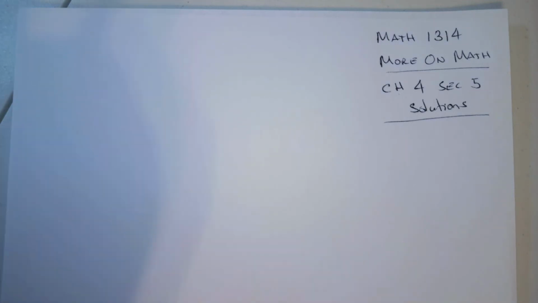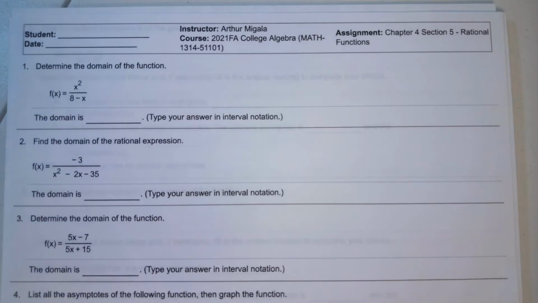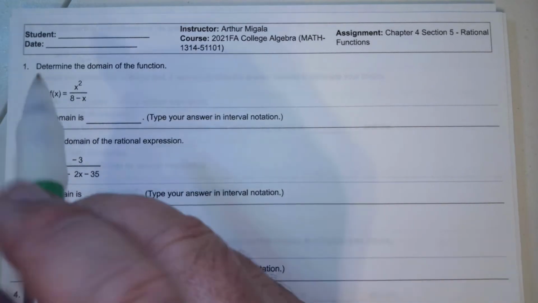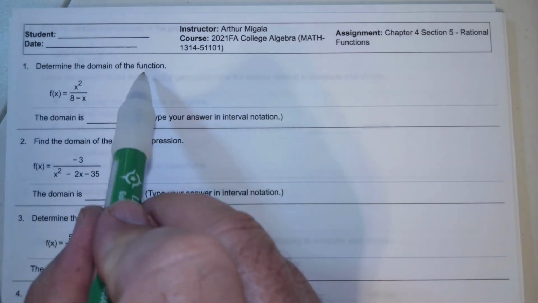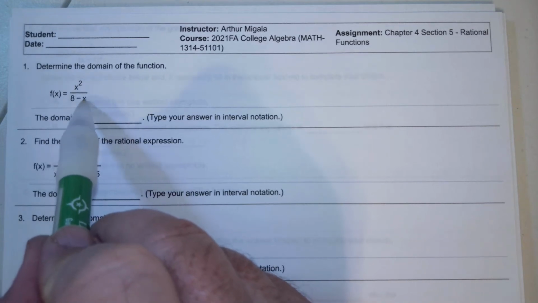Alright, let's look at this. And the first one. It says, determine the domain of the function f of x equals x squared over 8 minus x.